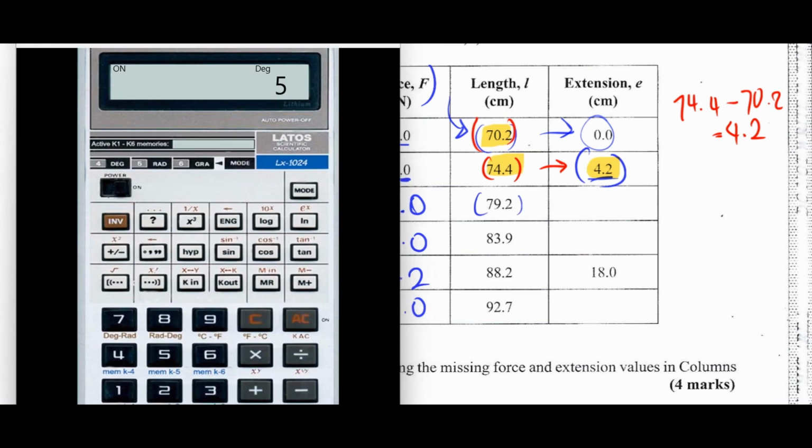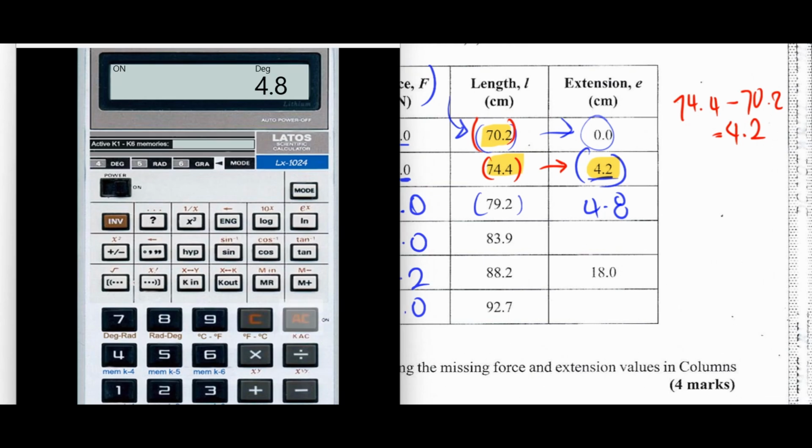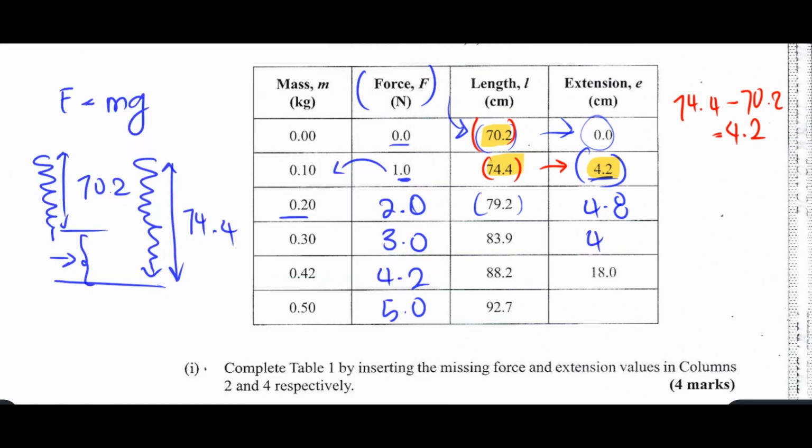In your calculator, you want it to look something like this: 79.2 minus 74.4. Hit your equal sign and we got 4.8. And you want to do the same thing: 83.9 minus 79.2, which is 4.7.